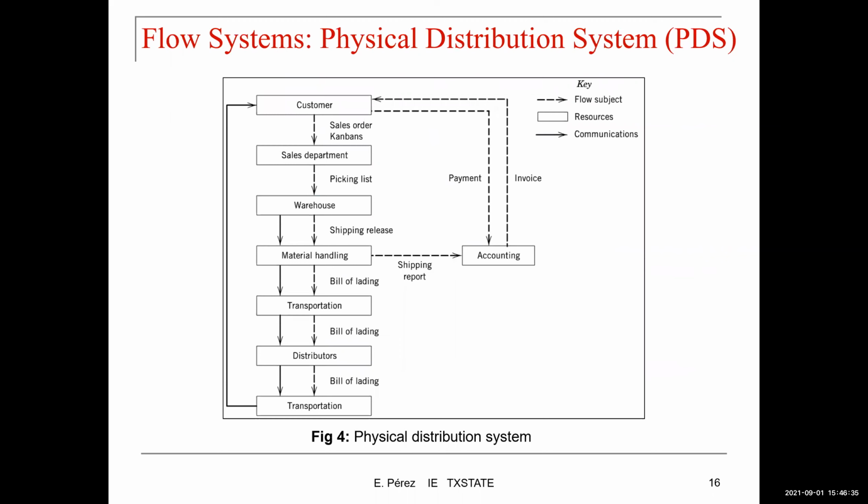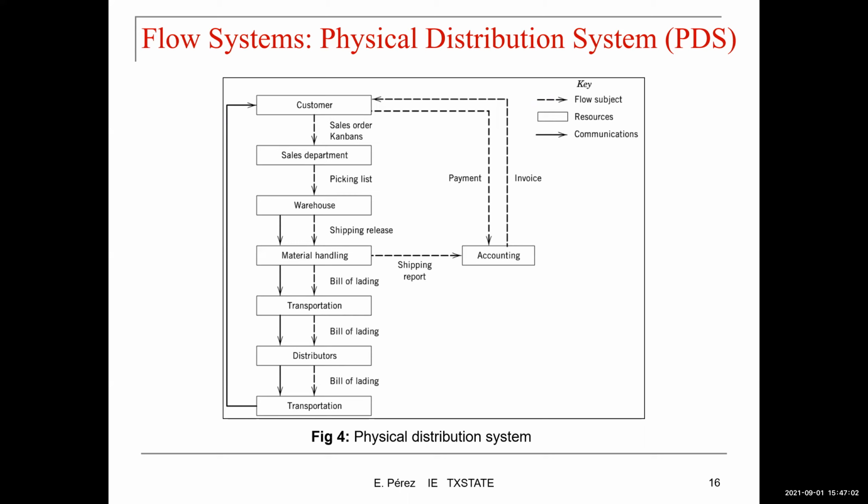So the flow chart for this part, you start with the customer. This could be a store or this could be a supermarket if you're thinking about HEB. They say, okay, I need this. That goes through the sales department. Sales departments send that to the warehouse. Warehouse looks at the availability.